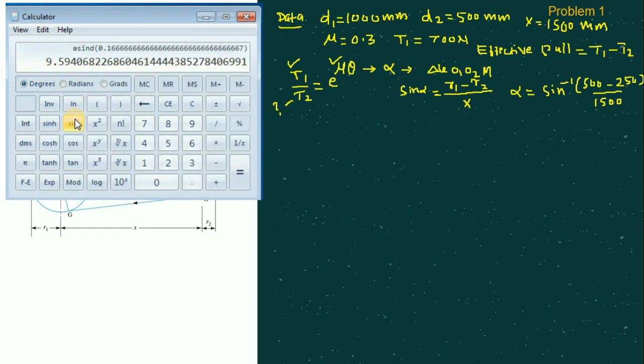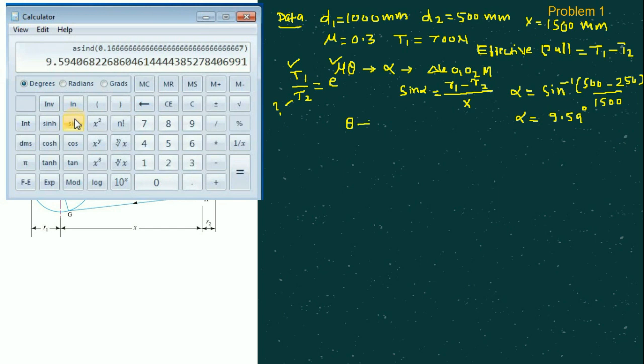So the value comes out to be 9.59. So this is the value of alpha. Alpha is equal to 9.59 degrees. Now we need to calculate the value of theta.